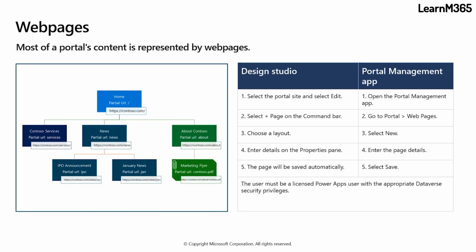Each of these records has a relationship with the parent page, which defines the URL and where the entries are located on the portal site. You can see here, this is my home URL, and after the home URL, I am getting the page URLs, right?